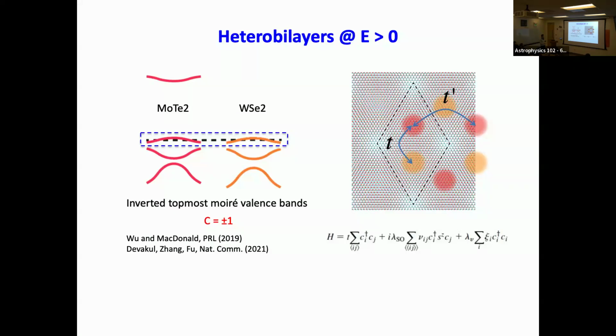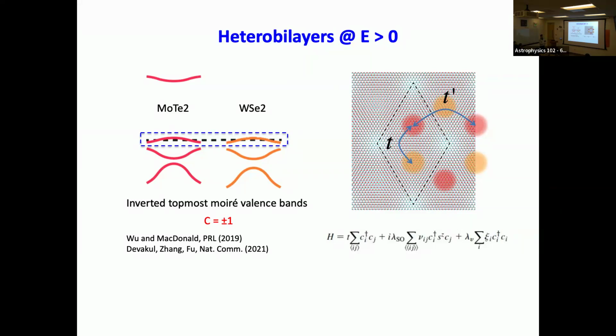And furthermore, it has been shown again by MacDonald in 2019 that this two orbital system in the low energy limit forms the famous Kane-Mele model. You can think of it this way: the orbital from the molybdenum forms a triangular lattice, and orbitals from the tungsten form another triangular lattice, but 180-degree rotated. So overall, they form a honeycomb lattice.